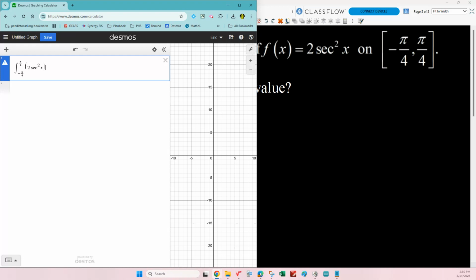Right? What else do I need? It's not giving me an answer yet. What am I forgetting? So I get 4. Okay, but now we're going to divide this whole thing by pi fourths minus negative pi fourths.